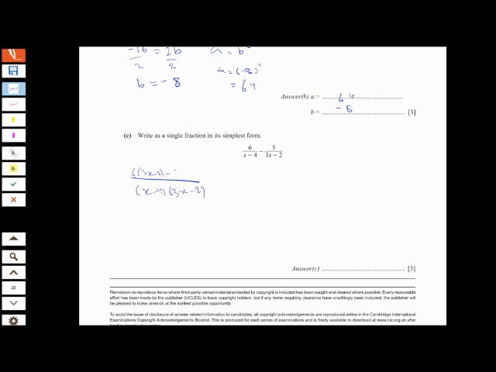Expand both, and you'll get 18x minus 12 minus 5x plus 20 over x minus 4, 3x minus 2. And then one more time, you'll end up with 13x plus 8 over x minus 4 times 3x minus 2.